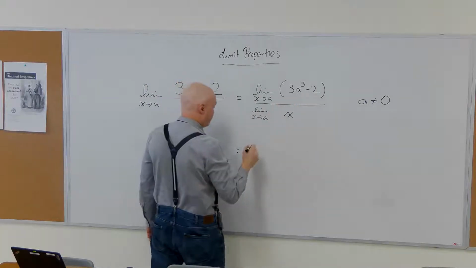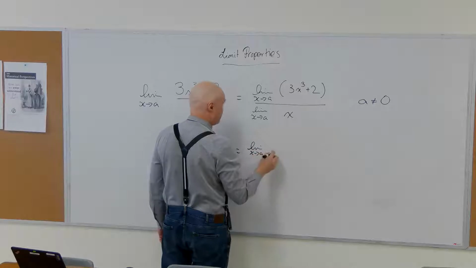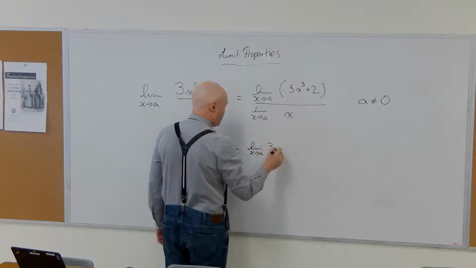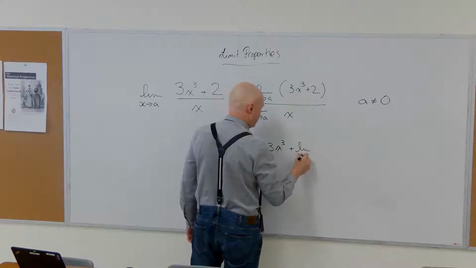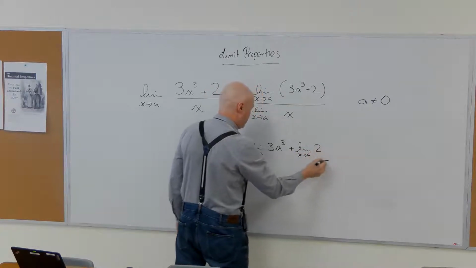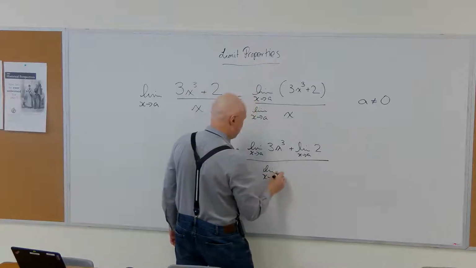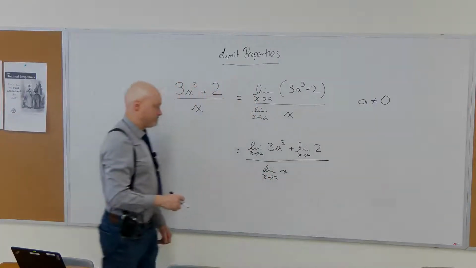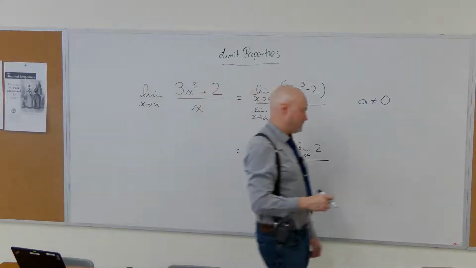I can take the limit of the sum at the top, so this becomes the limit as x approaches a of 3x cubed plus the limit as x approaches a of 2, all over the limit as x approaches a of x. All right, we're gradually peeling the onion.